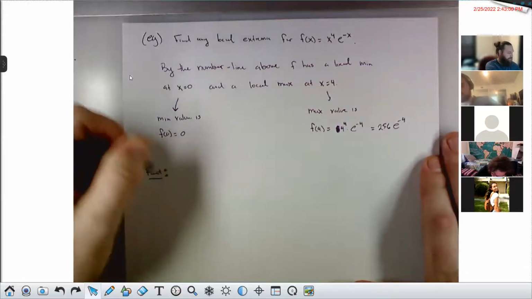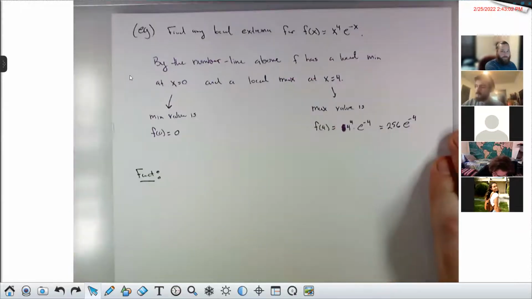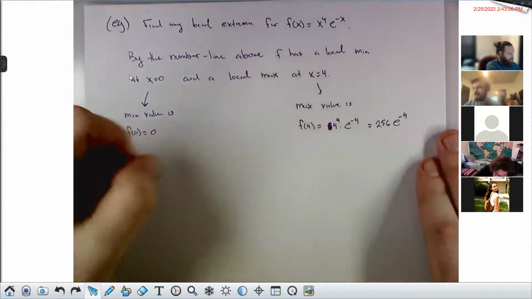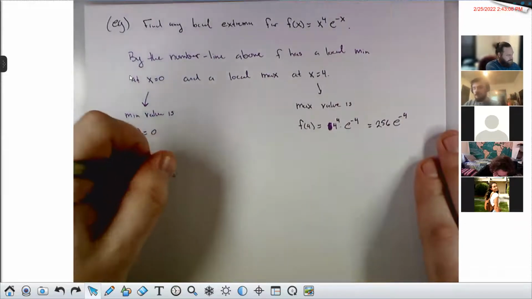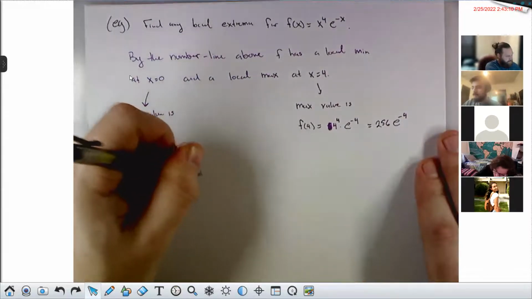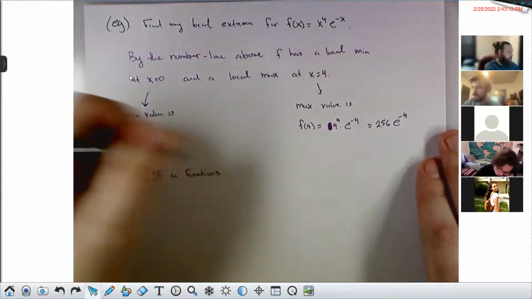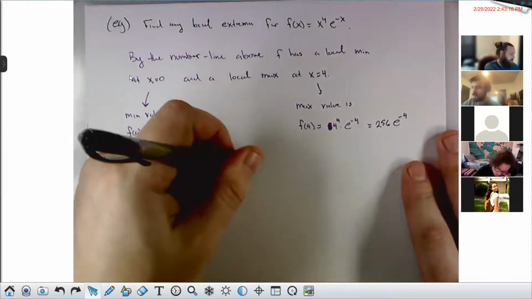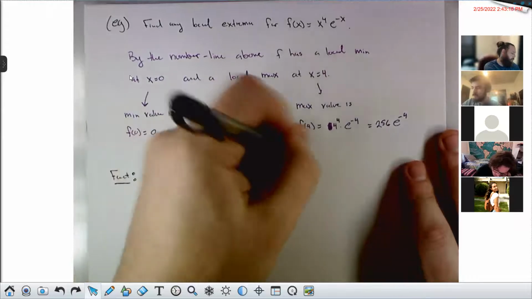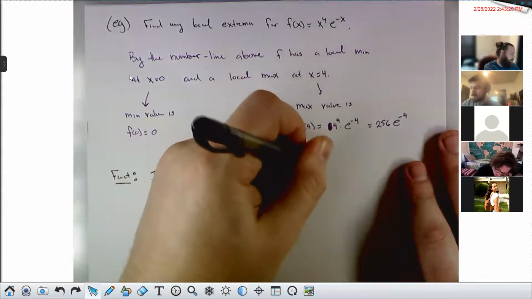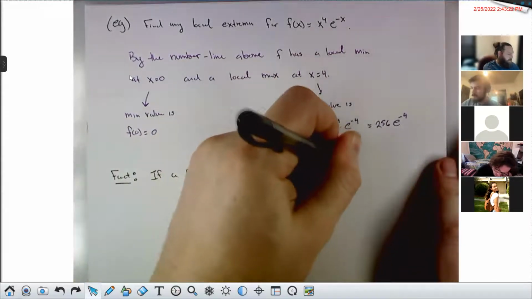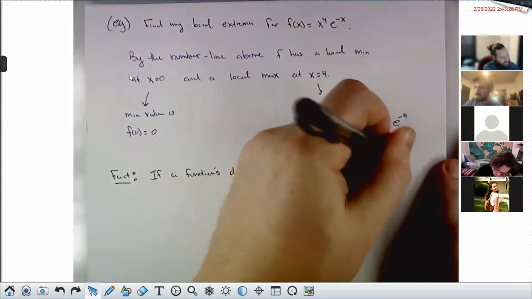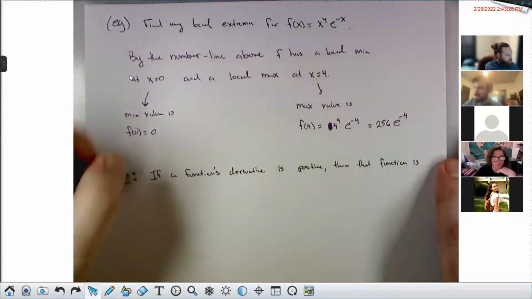It's just a restatement. Avoiding notation here, if a function's derivative is positive, then that function is increasing.